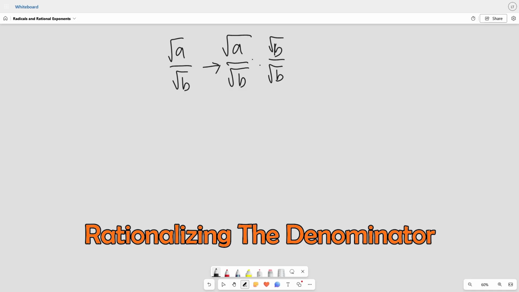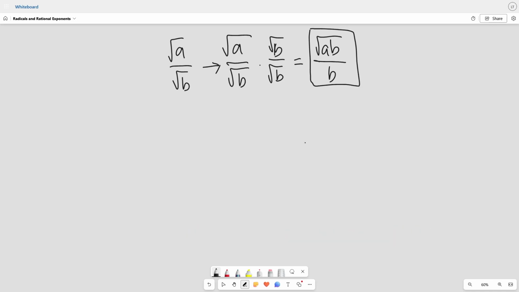So this does not change the value of the square root of a over the square root of b. If you'll remember, for the numerator, the product rule allows us to combine the a and the b on top, and anytime you multiply the square root of something by the square root of the same thing, we can just get rid of the square root, and that becomes b. So that is how you rationalize the denominator.